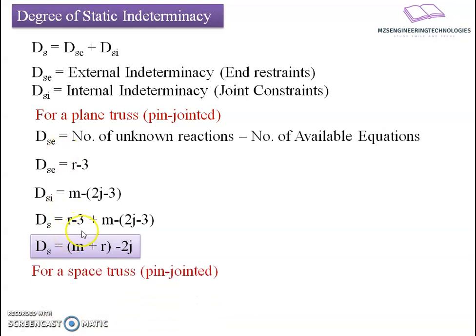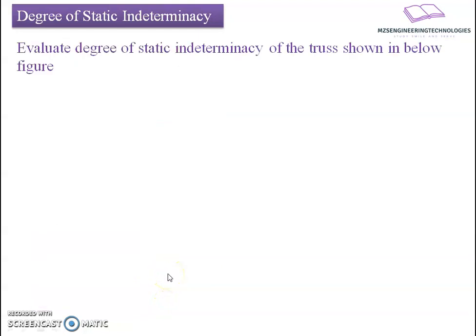Now if I go with reference to the space frame, pin jointed, the equation may be written as ds equals m plus r minus 3j, where 3j is the count for 3 members: one spanning in x direction, one in y, and one in z direction. Let us have some numerical evaluation to understand the concept here.